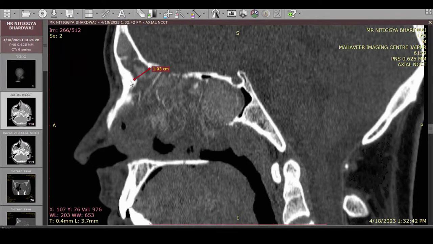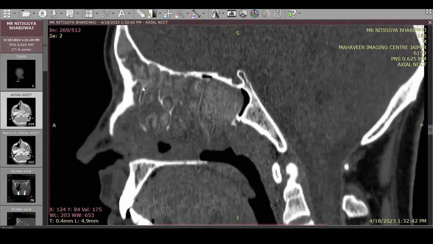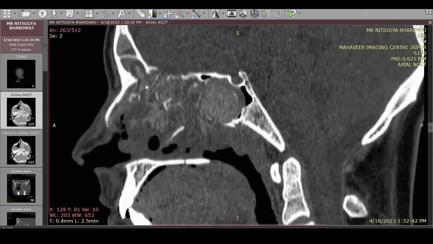Now, for people who discuss the Draf, I will show at least 2 or 3 Drafs in these 2 days. See, the area which you work in. Can you see this? Is there any critical structure there?